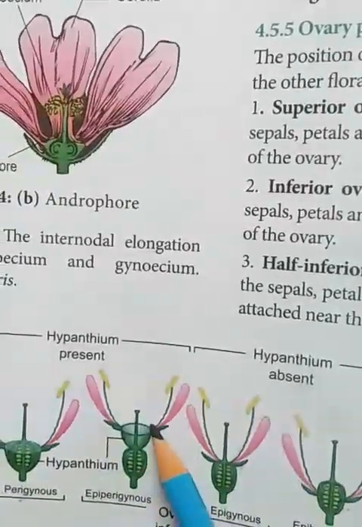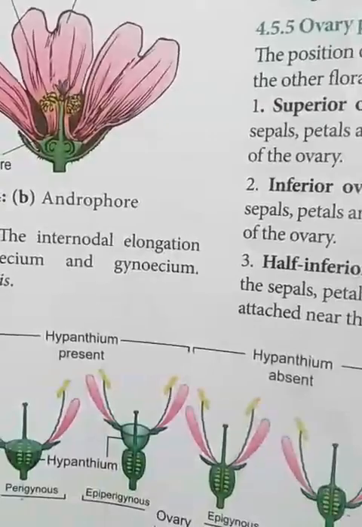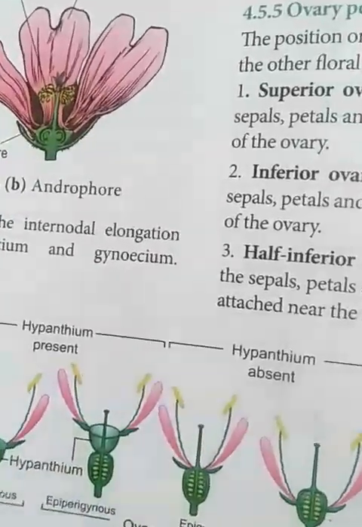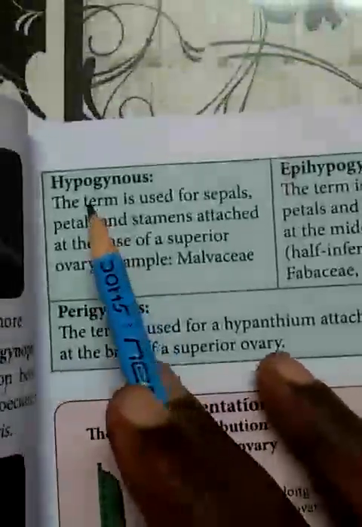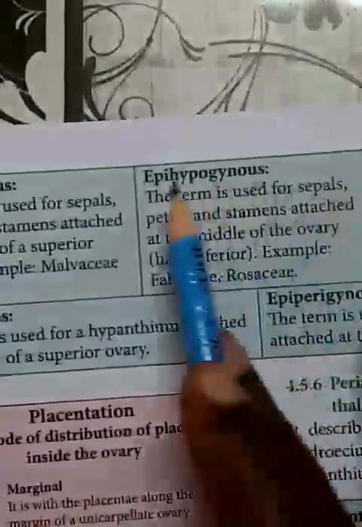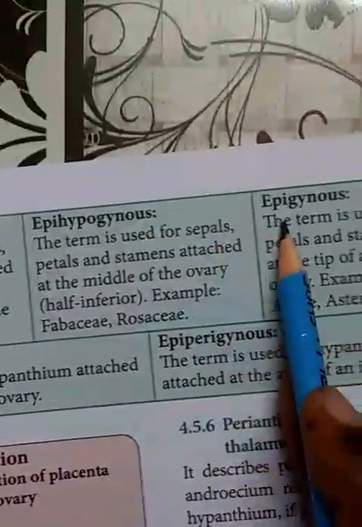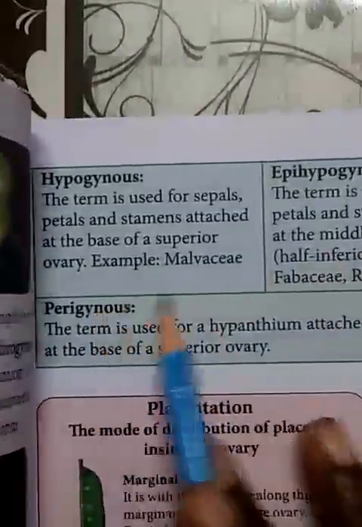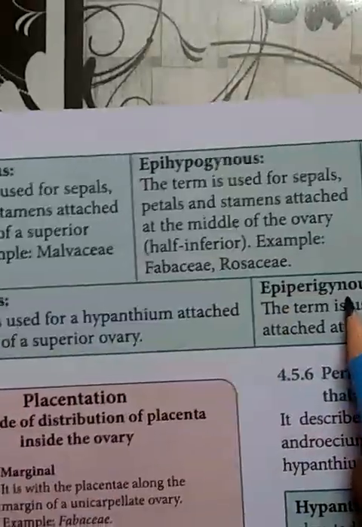This is also present above the ovary. We also call this the inferior or half inferior ovary. Based on this, flowers are classified as hypogynous, epihypogynous, epigynous, perigynous and epiperigynous.